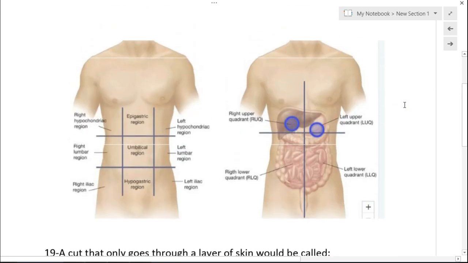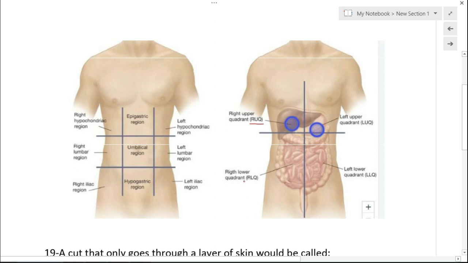Here in this picture you can see the abdominopelvic region is divided into four areas. One is RUQ, right upper quadrant, which is on the right side of the body in the upper part of the abdominopelvic area.